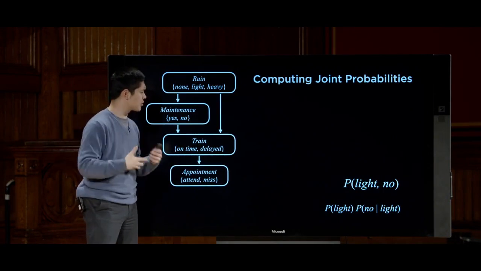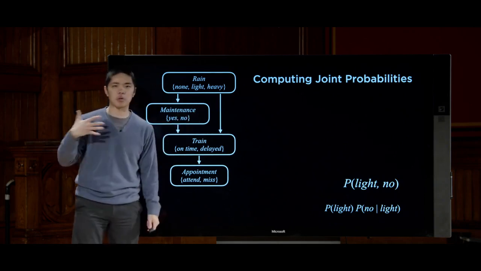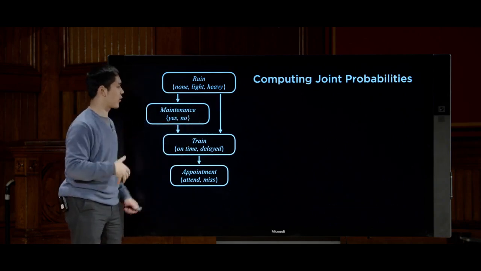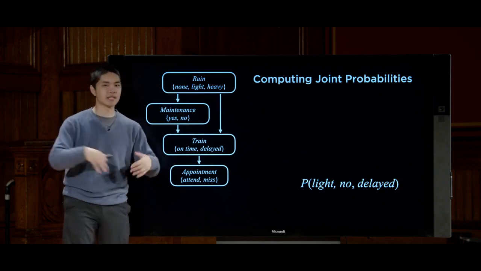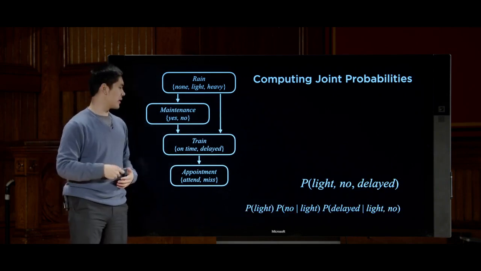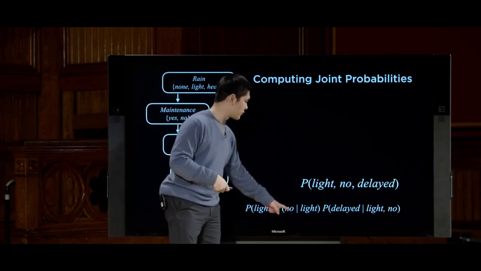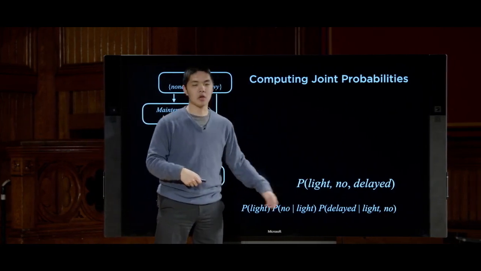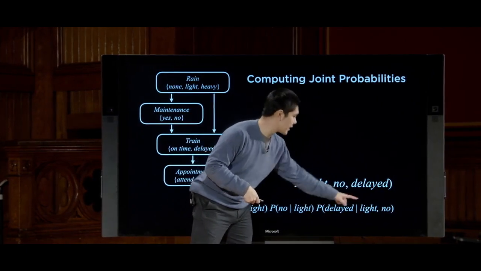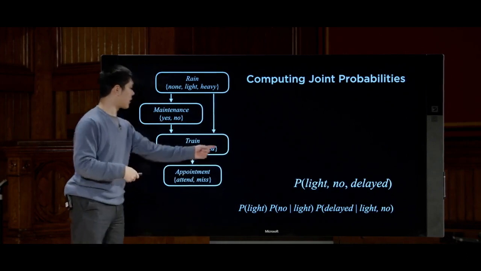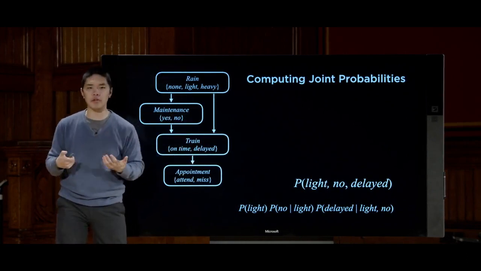And you can continue to do this again and again for every variable that you want to add into this joint probability that I might want to calculate. If I wanted to know the probability of light rain and no track maintenance and a delayed train, well, that's going to be the probability of light rain multiplied by the probability of no track maintenance given light rain, multiplied by the probability of a delayed train given light rain and no track maintenance, because whether the train is on time or delayed is dependent upon both of these other two variables.